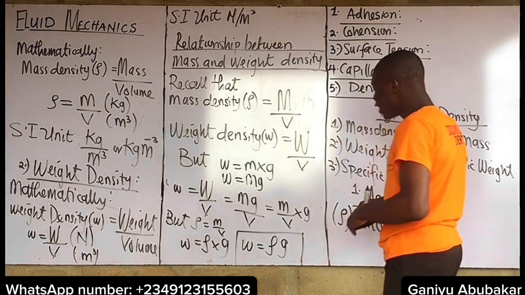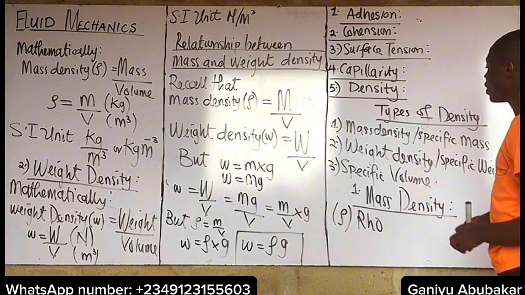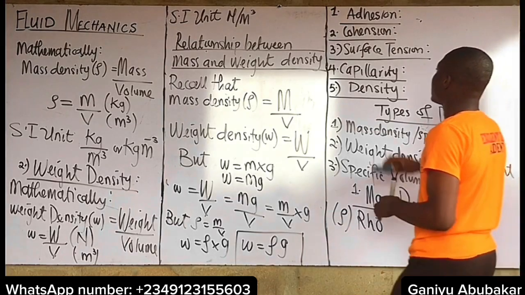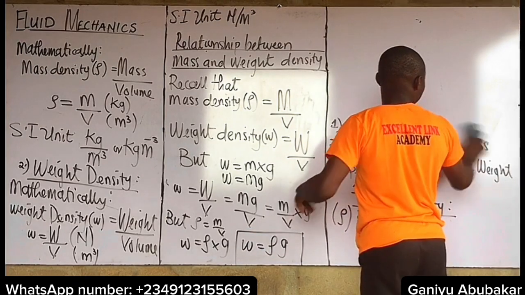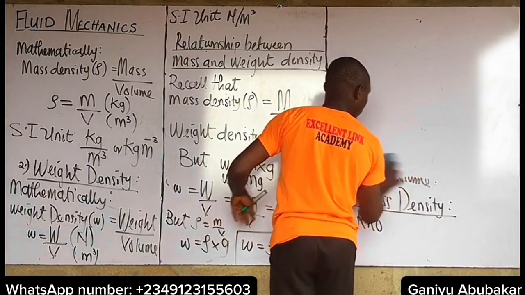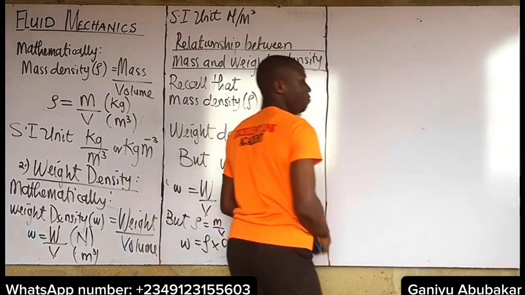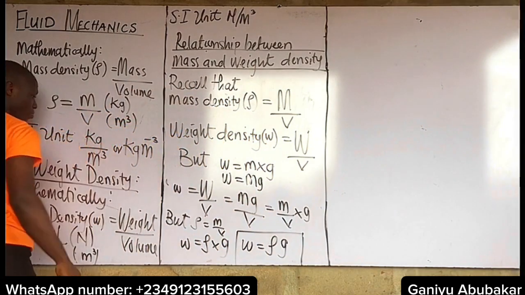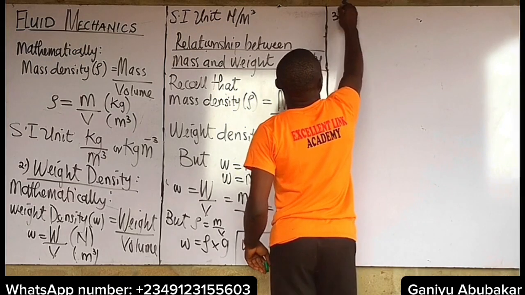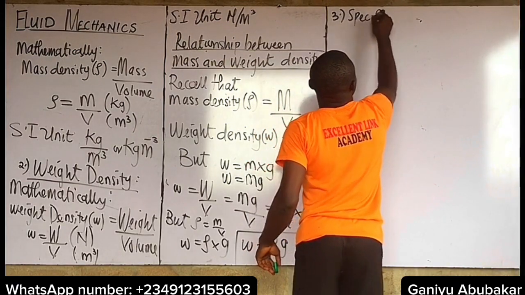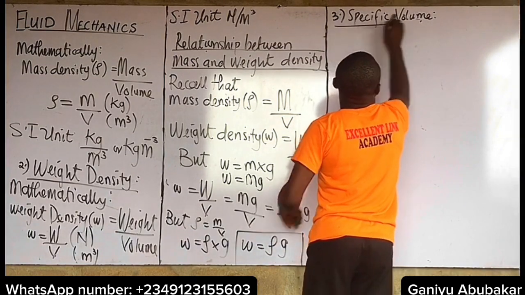All right, let's consider the third type of density, called specific volume. Number 3, specific volume.